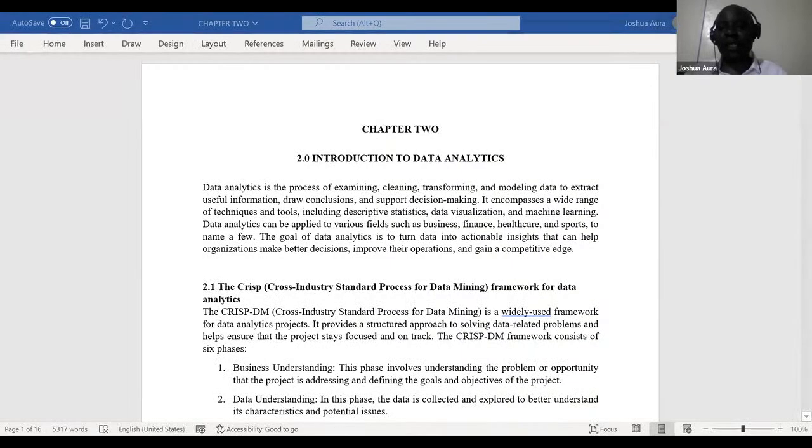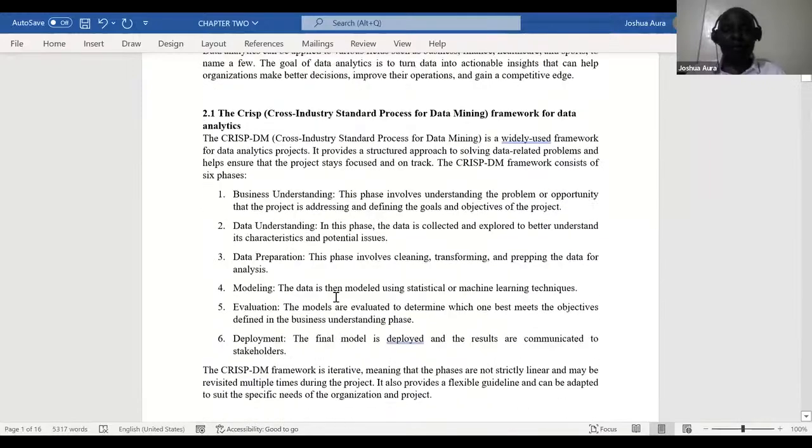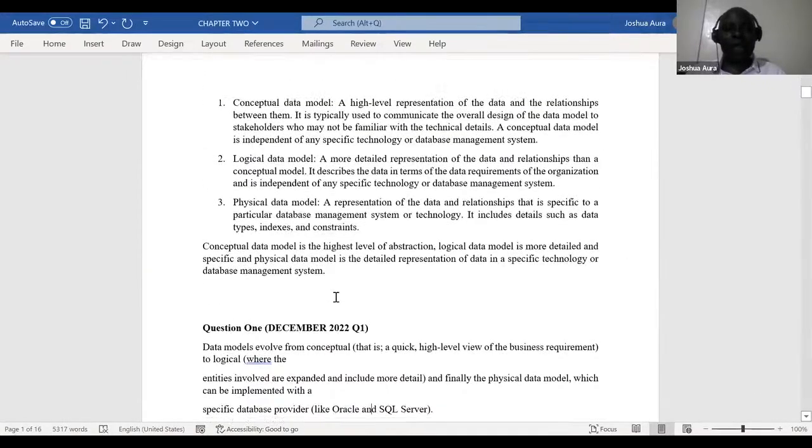Okay, so I would want us to look at this chapter now that I've finished working on the handout. Basically, this is the structure I've taken for this handout that I had promised you for long. So we have the introduction.